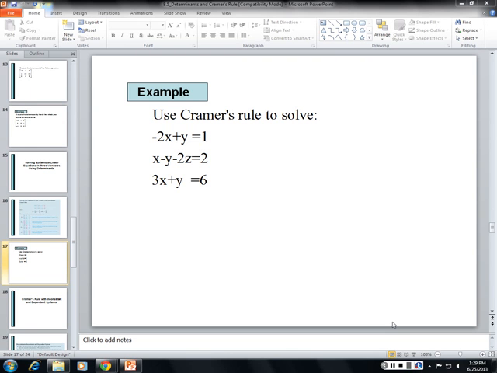Now let's do the math. So let's find the determinant. Negative 2, we multiply these two, which is negative 6, negative 2, and then negative 1 times, multiply these two, 6 minus 1, 3 times 2, negative 1.